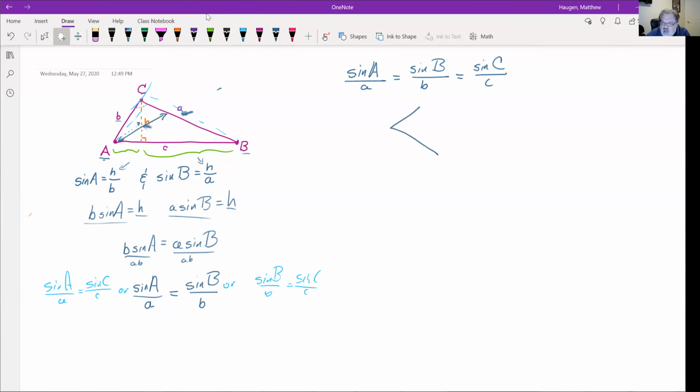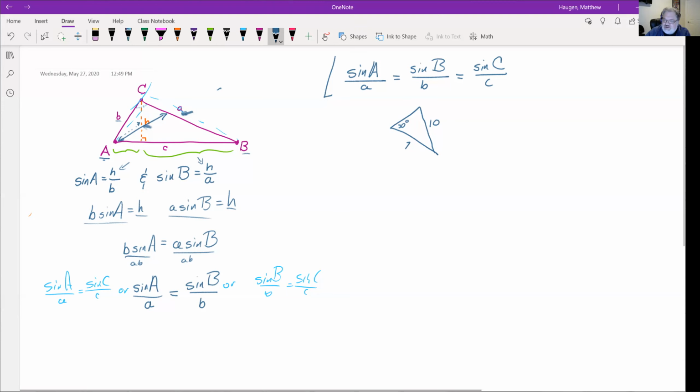So if we have a triangle and we know that, say, this is a 30-degree angle and this length is 10 and this length is 7, we can figure out everything else about that triangle using this relationship, this truth. We don't have to construct the altitudes and build all the pieces.